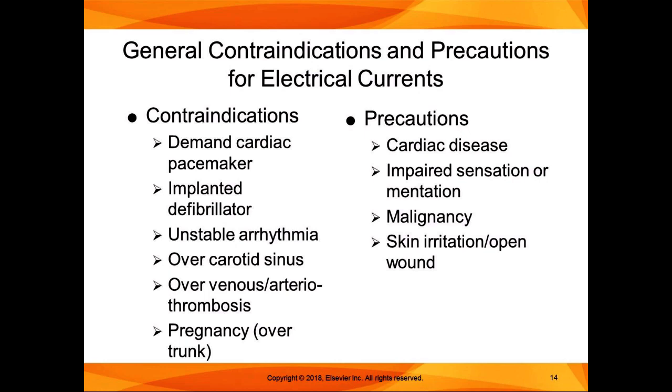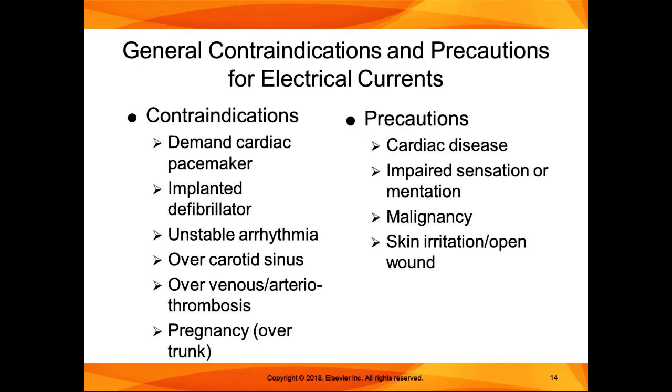There are more and more implanted devices these days, and electrical currents should not be used for anybody that has any kind of implanted device. If someone has unstable arrhythmia, you don't want to make it worse by using electrical currents. You don't want to use it over the carotid sinus in the neck. You don't want to use it over venous or arterial thrombosis because, again, we don't want to break up clots and send them throughout the body. In pregnancy, you don't want to use them over the trunk because you don't want to have any effect on the unborn baby.